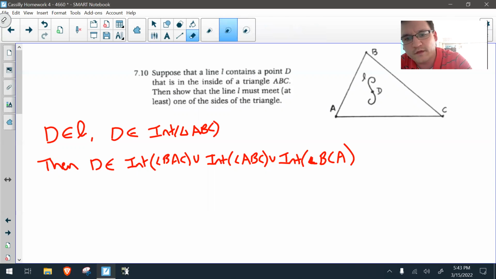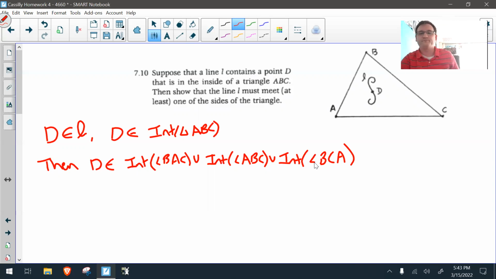That looks bad. I need to fix that. Okay, it's on the interior of angle BCA. Now, that will become important later on.